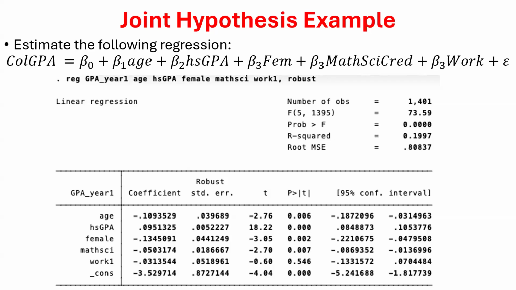So holding constant the student's age, high school GPA, gender, and whether or not they were working, if one of them takes an additional science math credit, their GPA would go down by 0.05. That's a lot more powerful of a statement than just saying if I take one additional, because if I didn't include these controls, we likely have omitted variable bias, right? And it's a lot more powerful. I can say holding all these other factors constant.